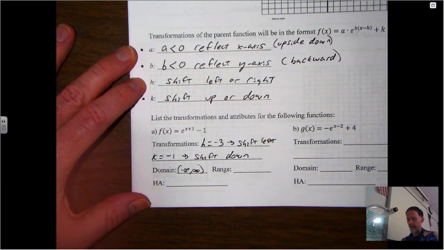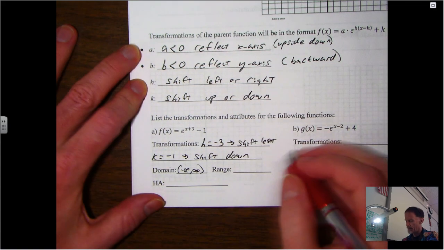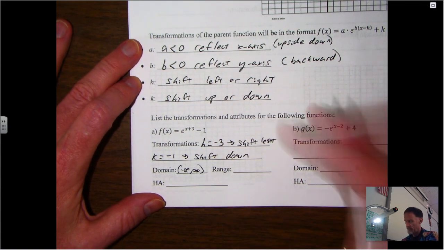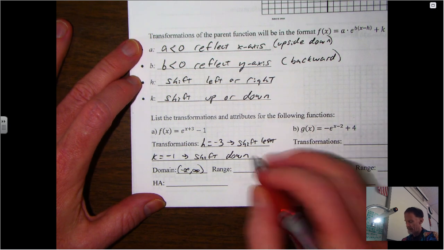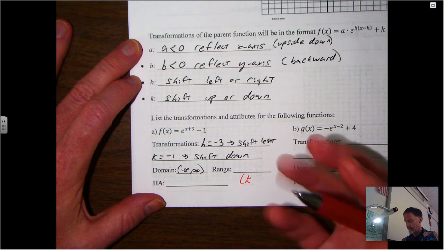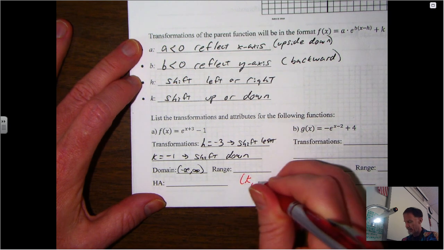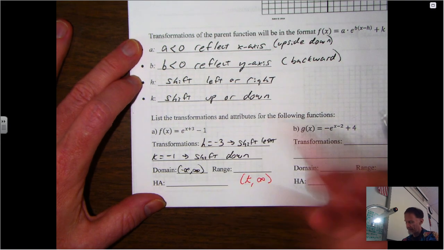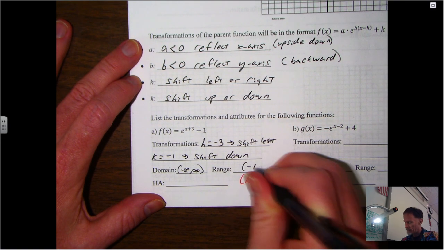Here is your general case: if it's not being reflected over the x-axis, then the range is just the number k, that up and down shift, to infinity. In this case, my k is negative 1, so my range is negative 1 to infinity.